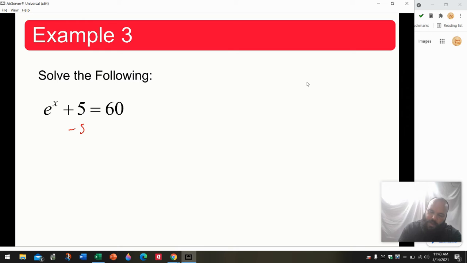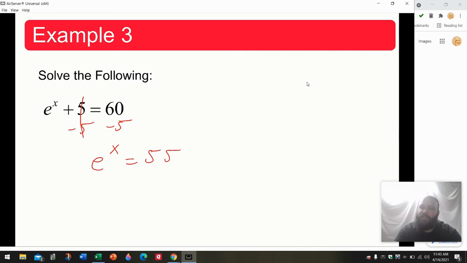So we will subtract 5 from both sides, and we'll be left with e to the x equals 55. Now, the next step involves using some of our log properties to get the x down and out of the exponent position so we are able to solve for it.